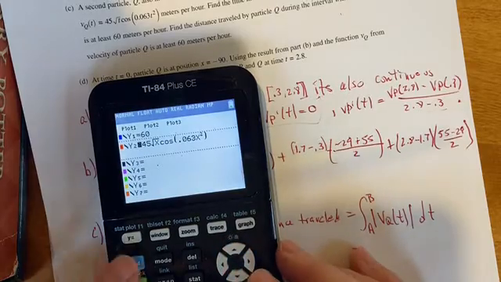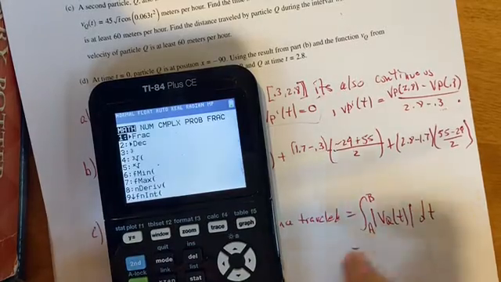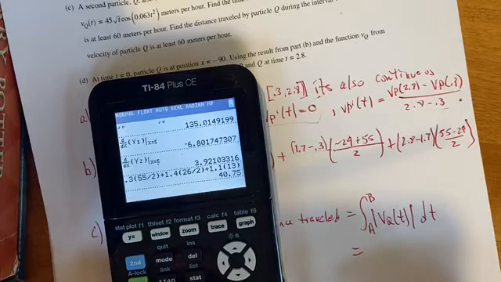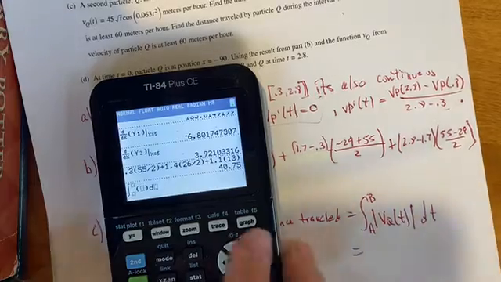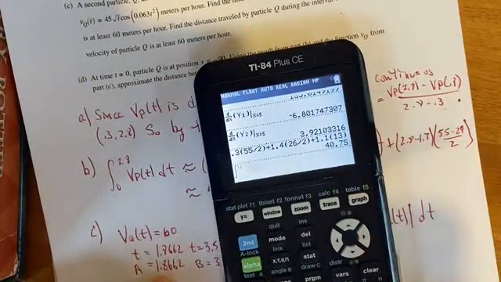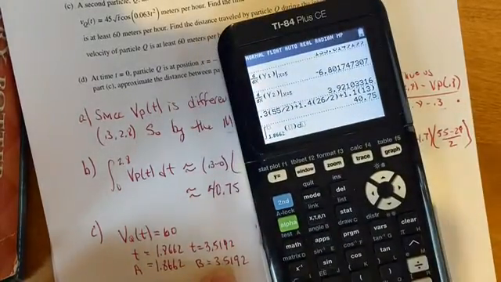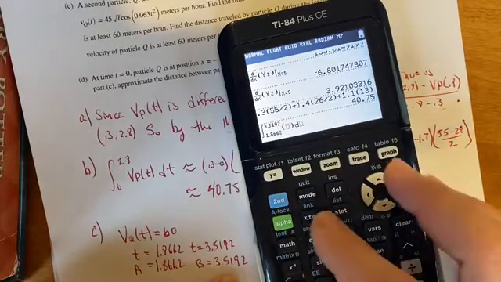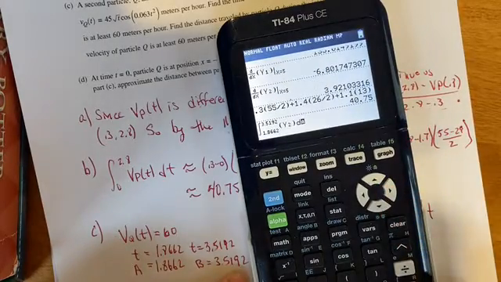Oh boy. Okay, so we can do this. We're going to integrate from 1.8662 to 3.5192 of y2 dx.